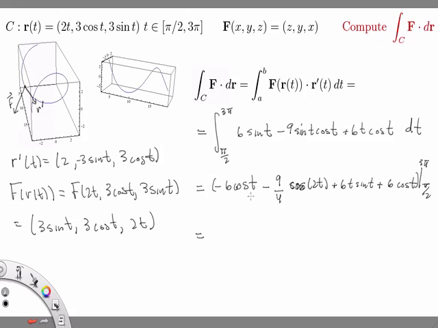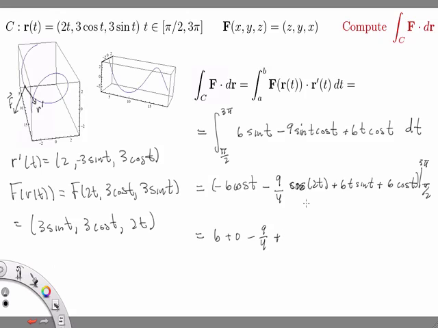So cosine of 3 pi is negative 1, so I get a positive 6, and cosine of pi over 2 is 0, so I get minus, really plus 0, doesn't matter. And then moving on, cosine of 2 times 3 pi is cosine of 6 pi, which is 1, so I get a minus 9 fourths here.